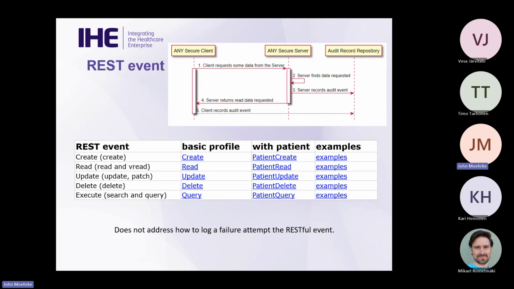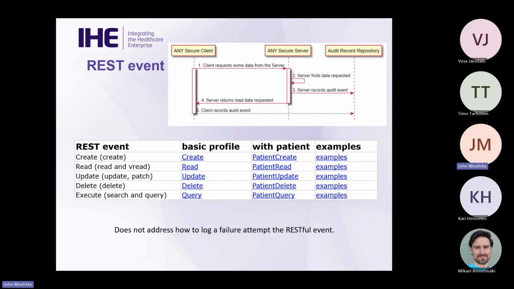That one is very specifically speaking to this profile. In all cases, all three of those actors are really just using FHIR. There's no additional non-FHIR stuff going on there. Now they could be doing something else since they're any secure client and any secure server, but effectively we're just using FHIR in this case.